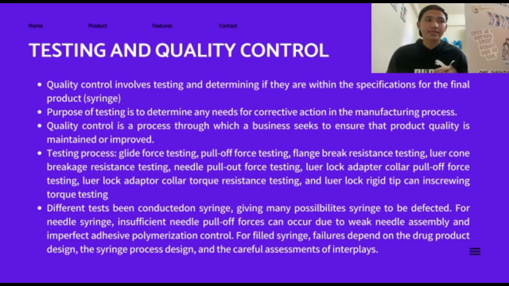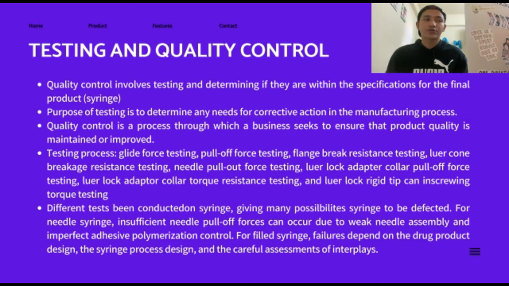Example of the testing is we have glide force testing to evaluate syringe lubrication, pull off force testing of the tip cap or the needle, flange break resistance testing, lower cone breakage resistance testing, needle pull off force testing, luer lock adapter collar pull off force testing, luer lock adapter collar torque resistance testing, and luer lock rigid tip cap unscrewing torque testing.